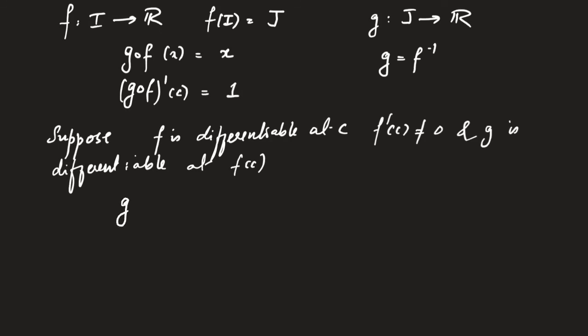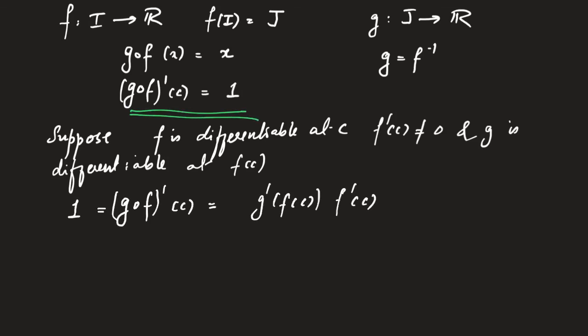We get that g composed with f dash of c is equal to g dash at f of c into f dash at c. But we saw that this quantity is equal to 1. That's something we saw earlier, right? So because of this, we get that g dash of f of c into f dash of c is equal to 1.